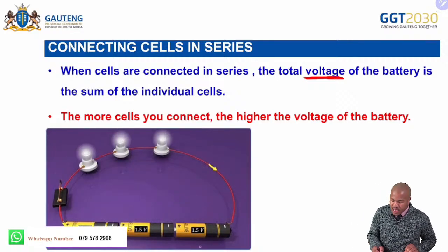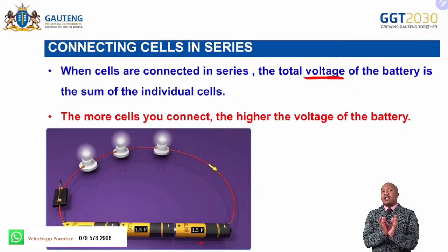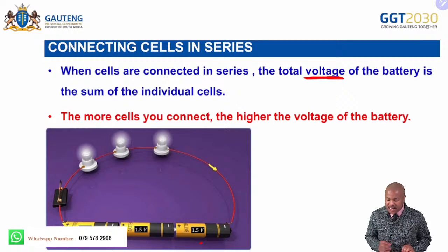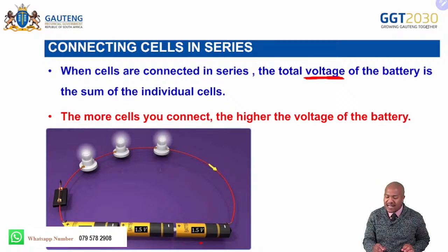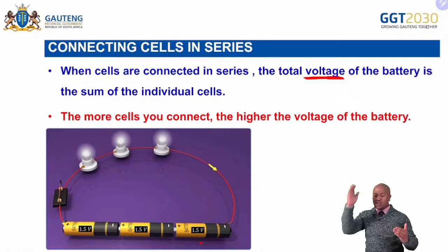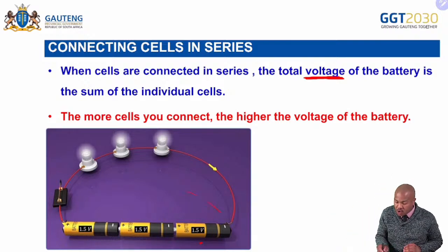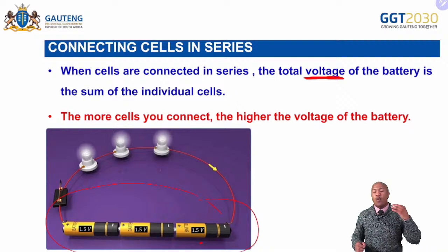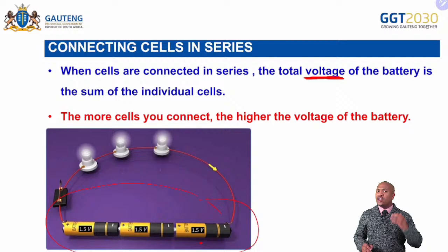Let's look at this example. Each of these cells has 1.5 volts. That is one cell. So how many cells do we have here? We have 3 cells. And we just said that when you connect cells in series, the total voltage of the battery increases, and it is the sum of the individual cells. What do we mean by that?